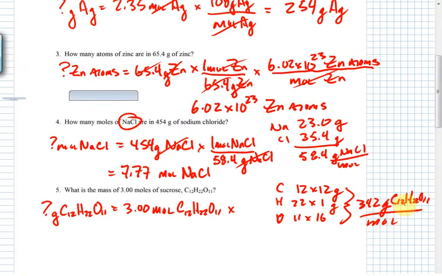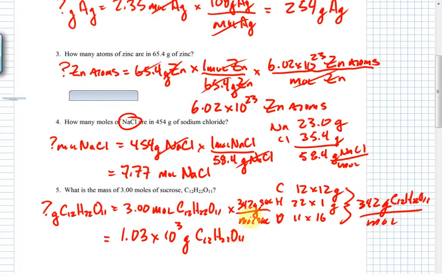All right, so come back, use that conversion factor, 342 grams of sucrose per mole of sucrose, to 3 sig figs, 1.03 times 10 to the third grams of C12H22O11. Okay, continue on.